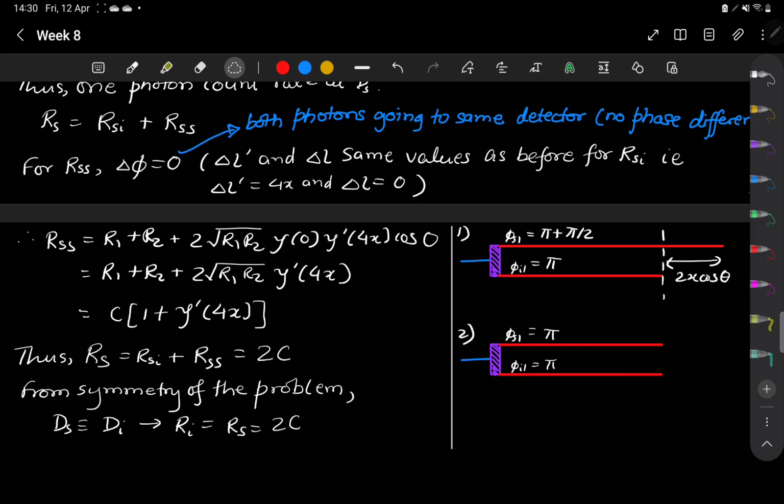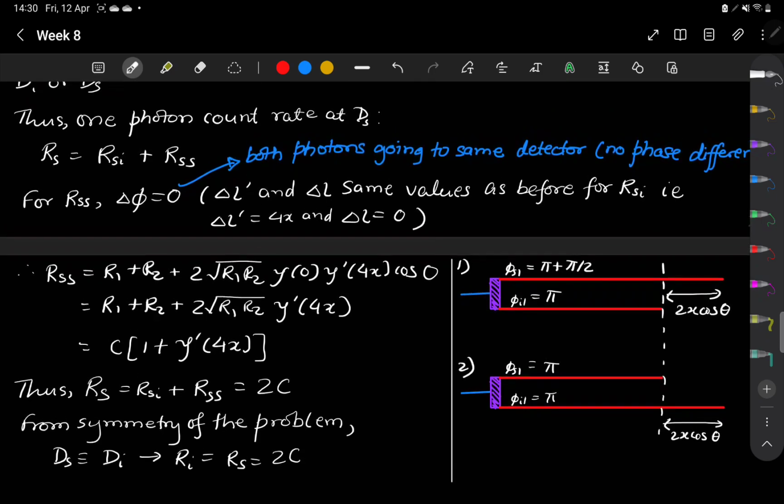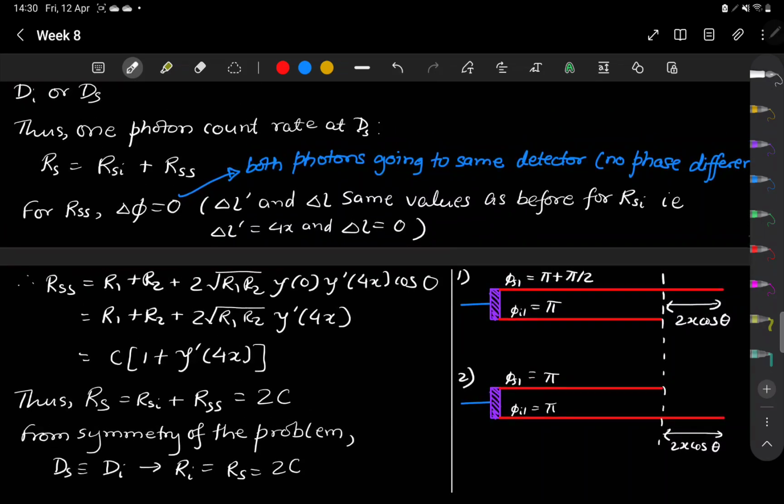Now in this, what we will have is the same balance point, but this time the other path is the one which is getting reflected, so this one will go to x cos theta, and this will be this.